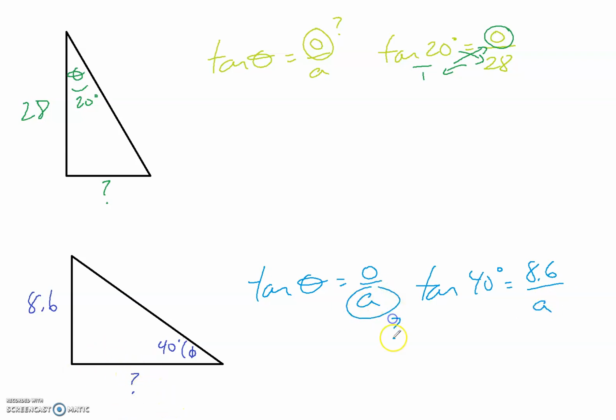So the adjacent is what I'm looking for in this one. So again, cross multiply to solve something like this. And if it helps, put this over 1. So I'm looking for this one right here. So I'll cross multiply. So 8.6, I'll times that by 1. And then divide that by the tan 40 value, and that should give me my adjacent.